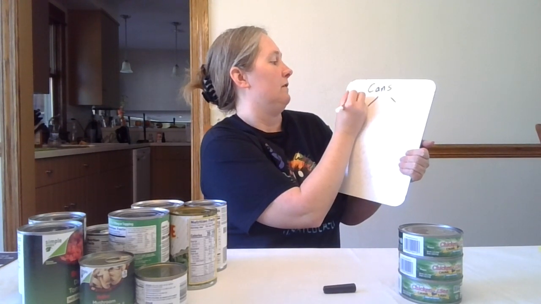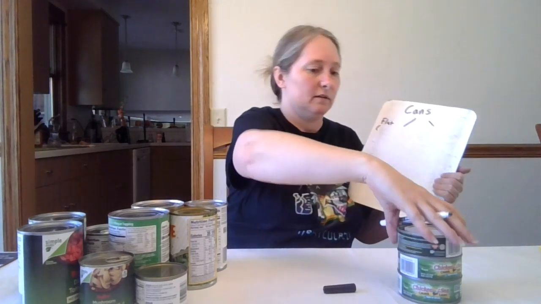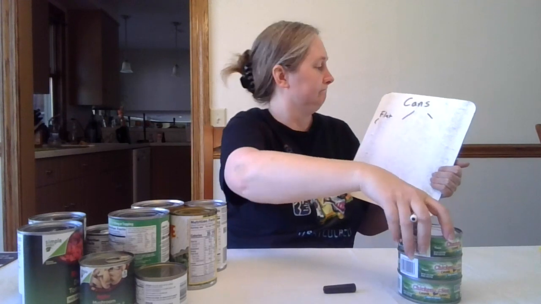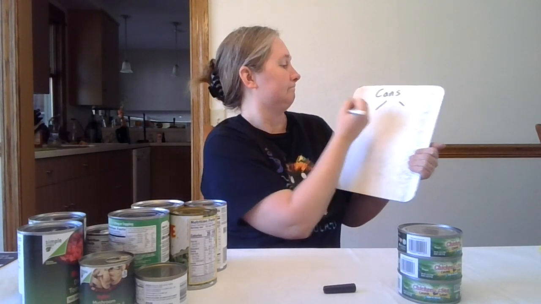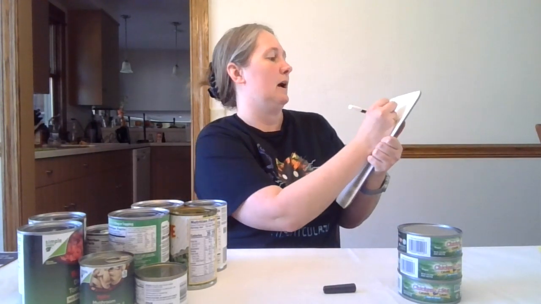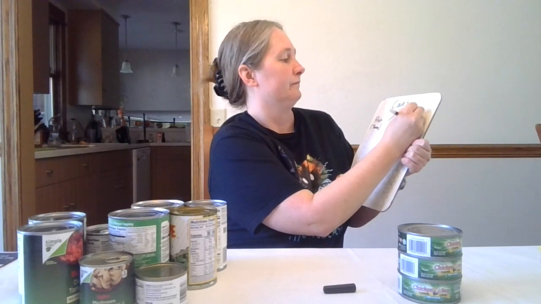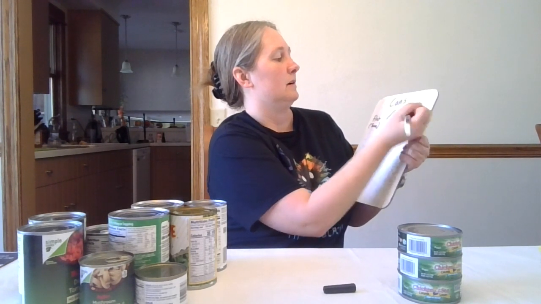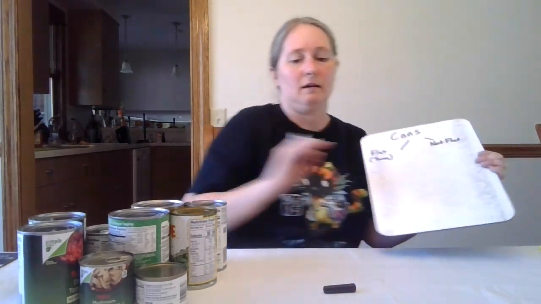This one will be flat, and that's going to end up being tuna, because all of these are tuna. And then I'm going to say not flat, because I have lots of other ones. Okay, so these are taken care of.